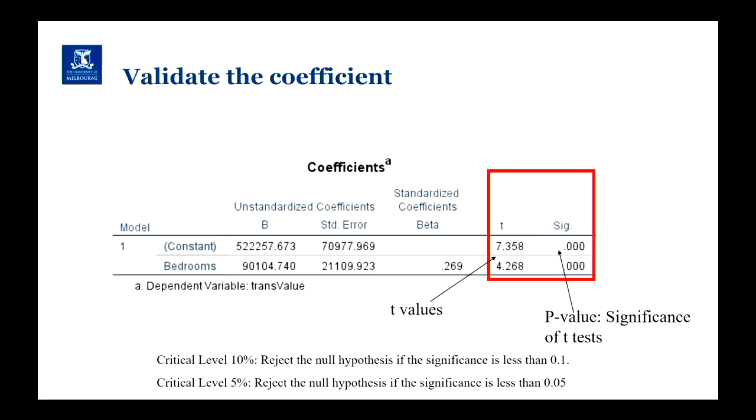That means in reality, maybe the number of bedrooms does not influence the house price, although our estimated result is such. So those are the two things we have to look into in the estimation results.